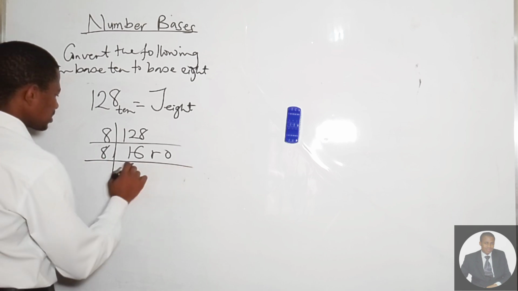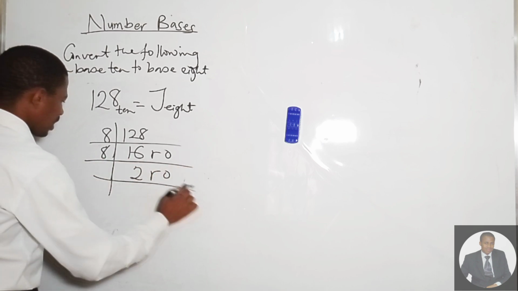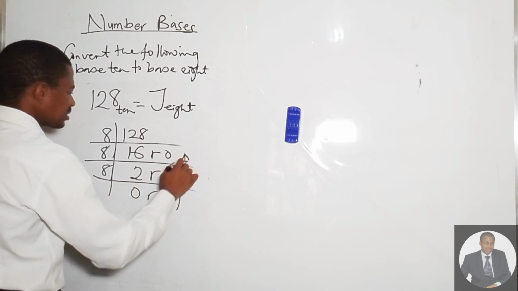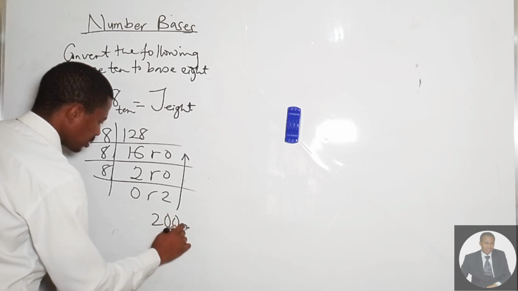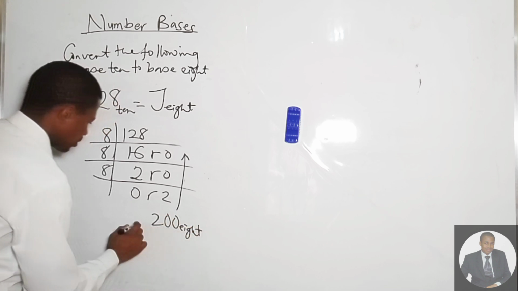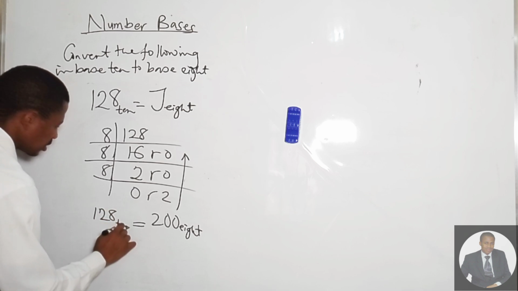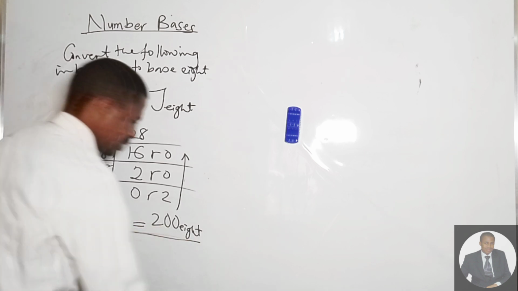How many 8s are in 16? 2, since 2 times 8 is 16, remainder 0. How many 8s are in 2? 0, remainder 2. So write the answer upward: 2, 0, 0. So 128 base 10 equals 200 base 8.